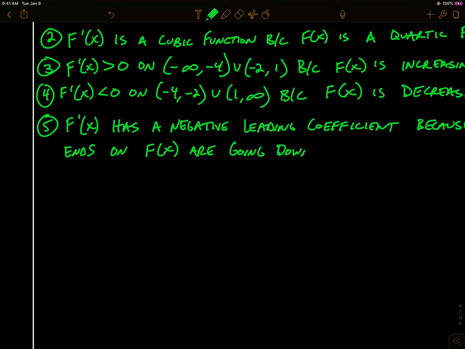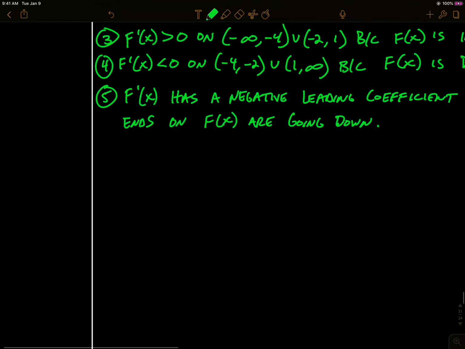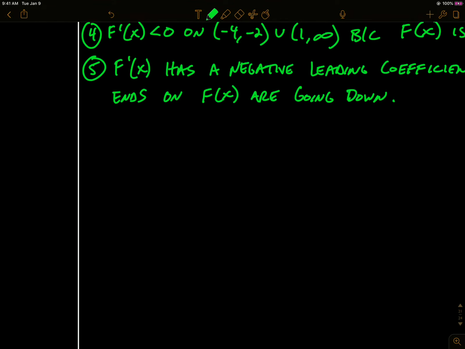So that means the leading coefficient on f of x is negative. When we do power rule on that, we bring the 4 down and multiply by that coefficient, it's still going to be negative.